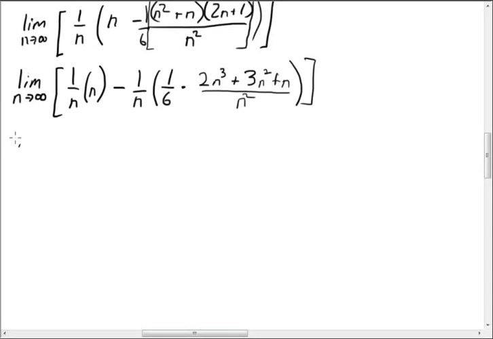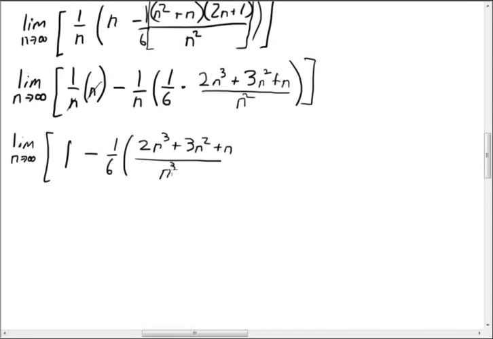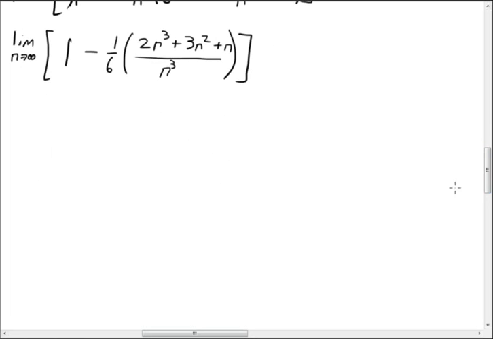So, limit as n approaches infinity. This, of course, is just 1 minus, now we get to pull through this n squared term, and that would be 1/6 times 2n cubed plus 3n squared plus n, all over n cubed. And of course we can break apart this limit, thinking back to calculus 1.